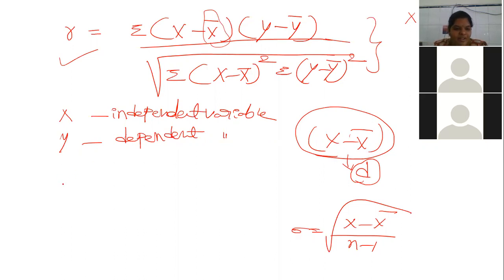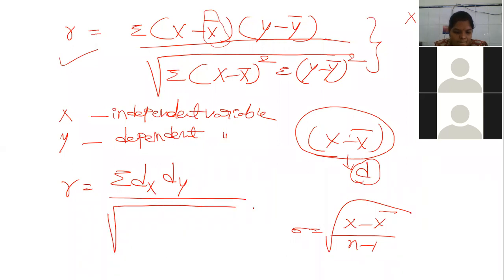So we can write the equation r = sigma dx dy divided by the square root of sigma dx square into sigma dy square. We already know that x minus x bar is dx, so you just substitute these values.